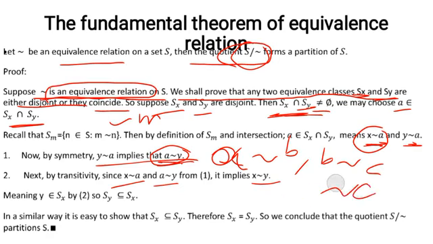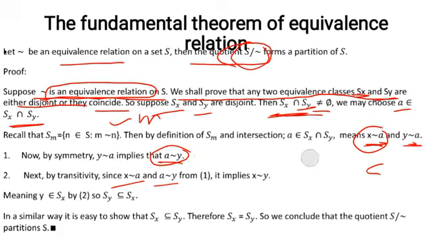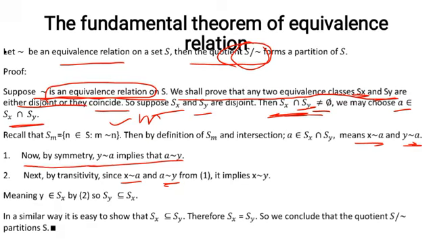So based on that, X is related to A, which we got from here, and A is related to Y, which we got from 1, so X is related to Y by transitivity.